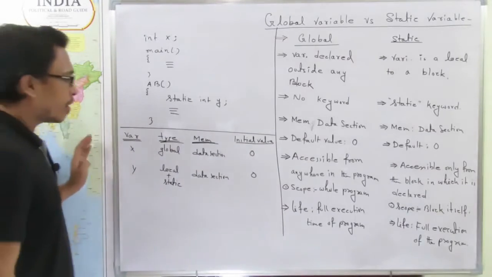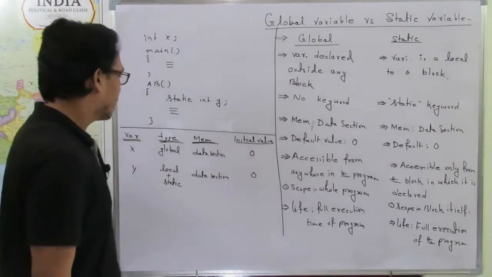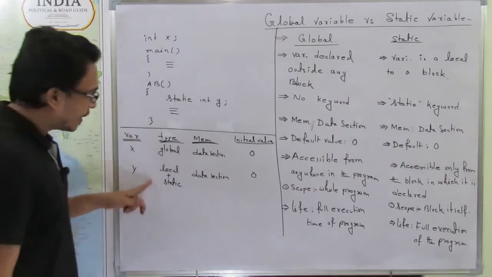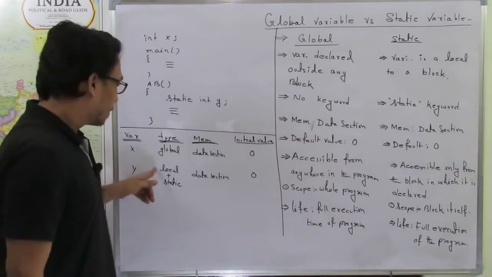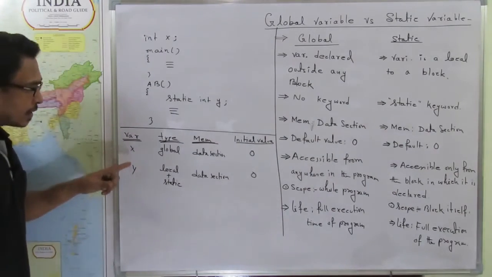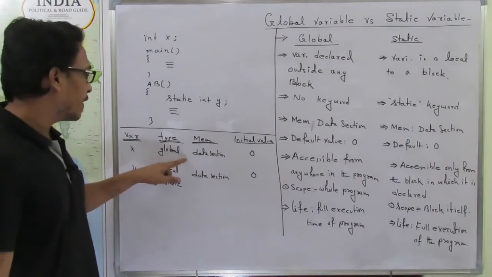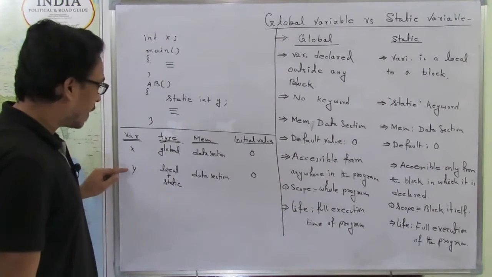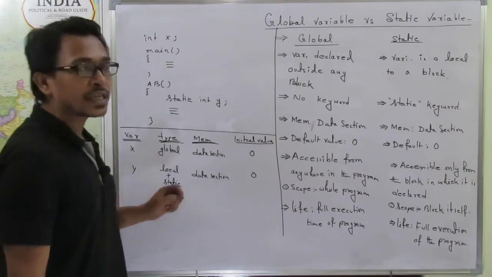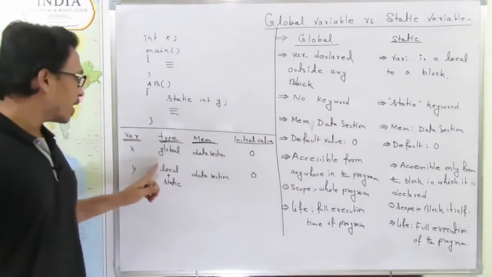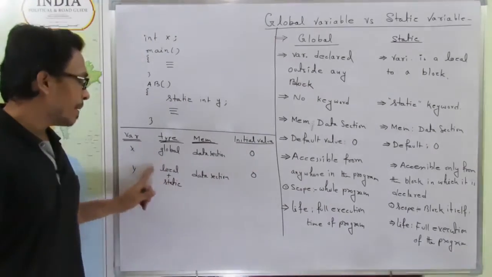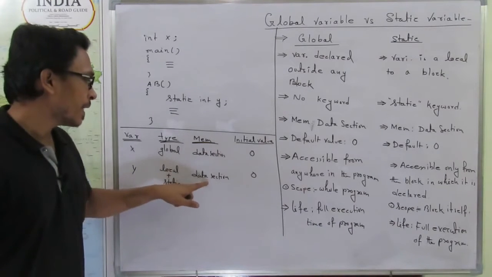Now all these are similarities, but here the type of the variable is different. In case of x the type of the variable is global variable. This is a global variable, and y is a local variable, but it is a static variable. As it is local but static variable, that's why memory is allocated from data section.